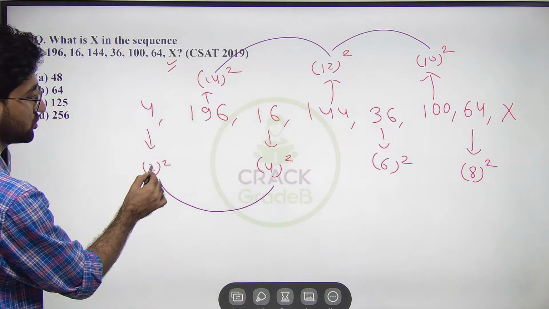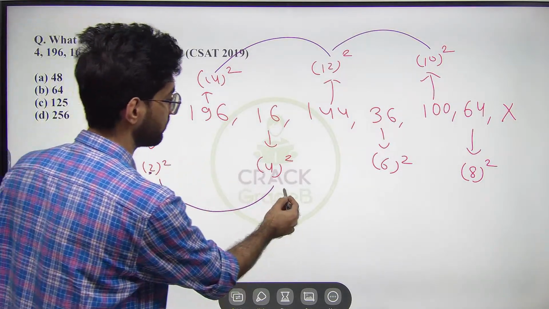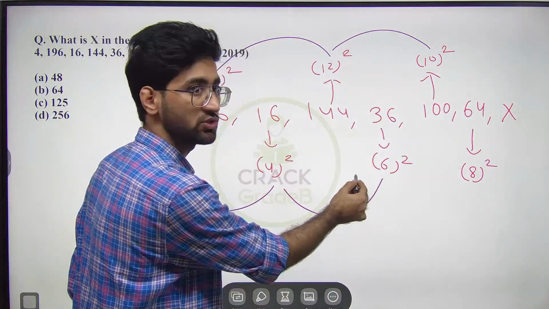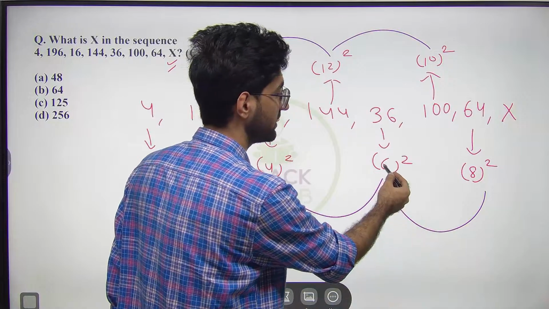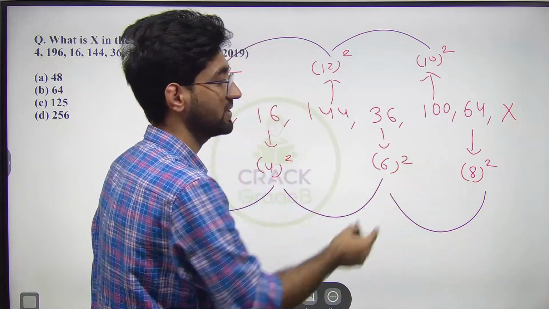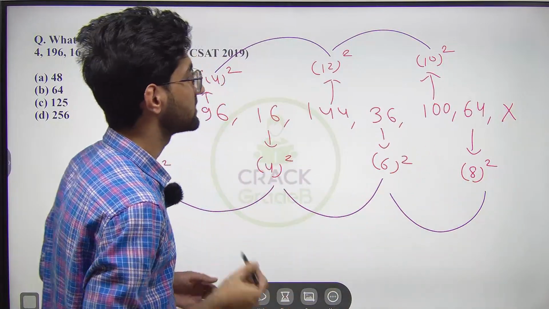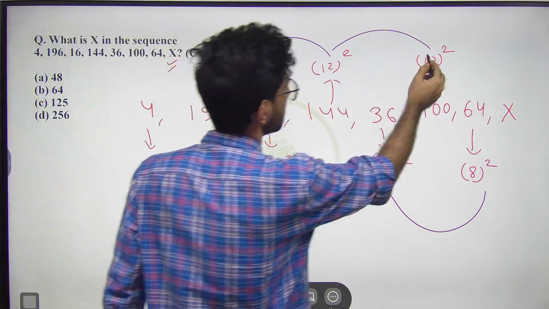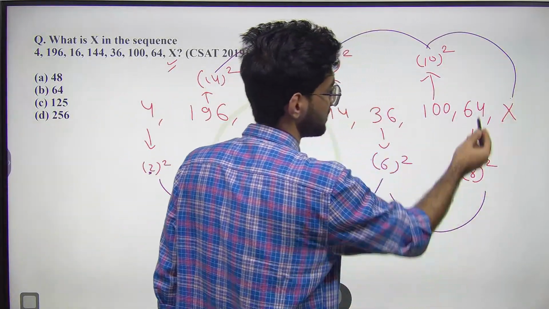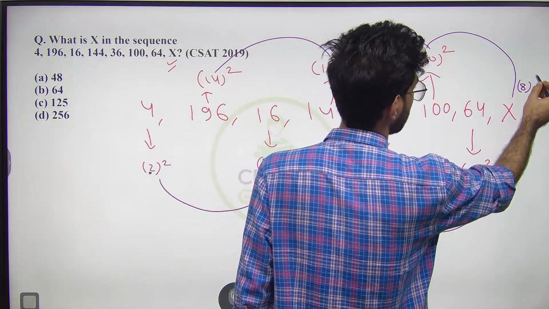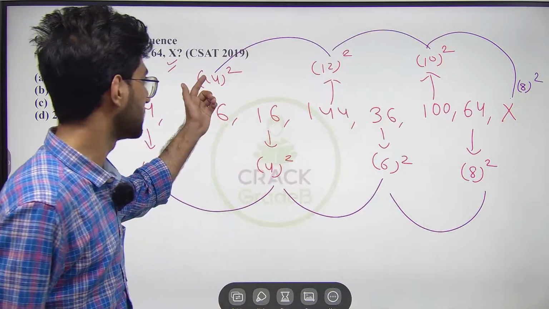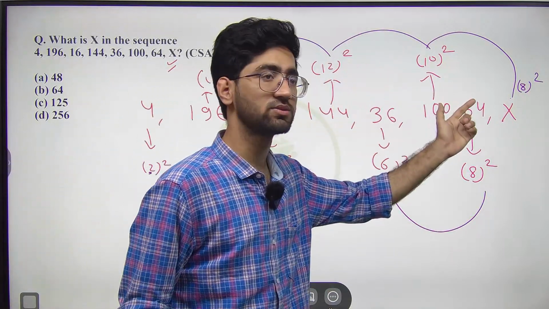So 2 plus 2, 4 square, 4 plus 2, 6, then 6 square, then 8 square, means 6 plus 2, 8 square, right? So there are good chances that this number x is basically the square of 8. Why? See, 14 square, 12 square, 10 square, 8 square.